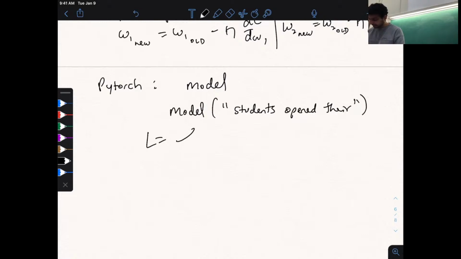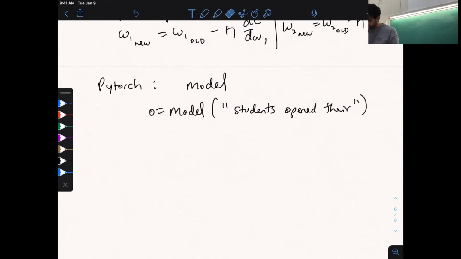Maybe let's call this O. The loss is the negative log probability of, let's say, books. The loss is essentially a function of O and the ground truth word that occurred next, which is books, right? So what probability does the model actually put on books?